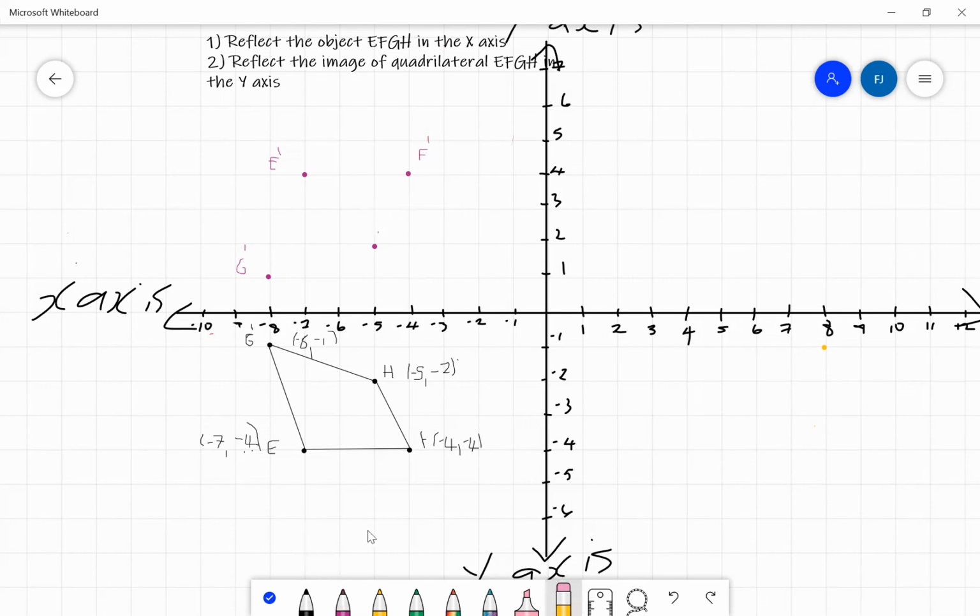So there we have the image of each point, and that now enables us to connect the dots to obtain the image of the object.